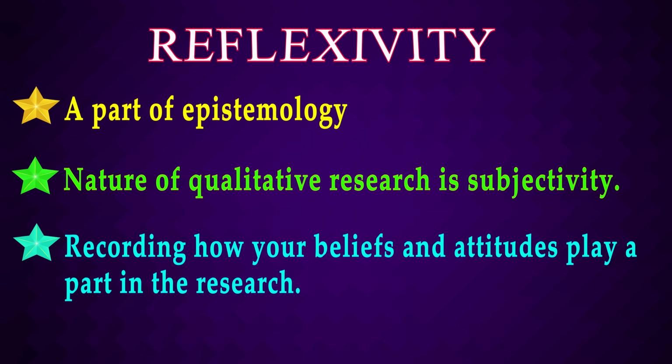What happens is when you have some kind of subjectivity. And why do you need subjectivity in your research? When your research is qualitative in nature, you do need subjectivity. You record and write all your beliefs, your attitudes, your values, everything that you have, and this becomes a part of your research.